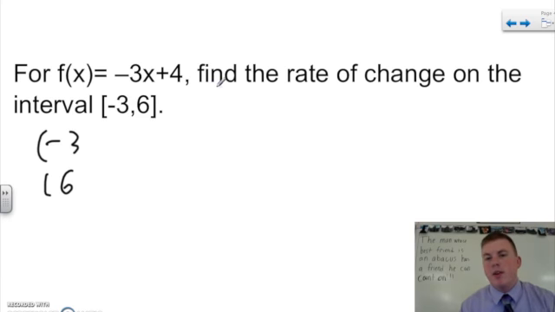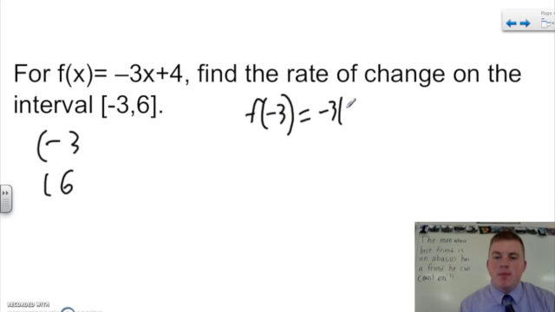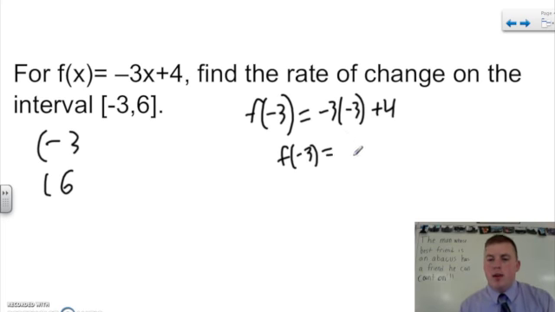So now we have to figure out how to find our y's. The way we're going to do that is we're going to take these x values and plug them into the function. So first I'm going to have to find f of negative 3. I'm going to plug in negative 3 where I see the x, and simplify that. So f of negative 3 is going to equal negative 3 times a negative 3, which is a positive 9, plus 4, which is going to give me 13.